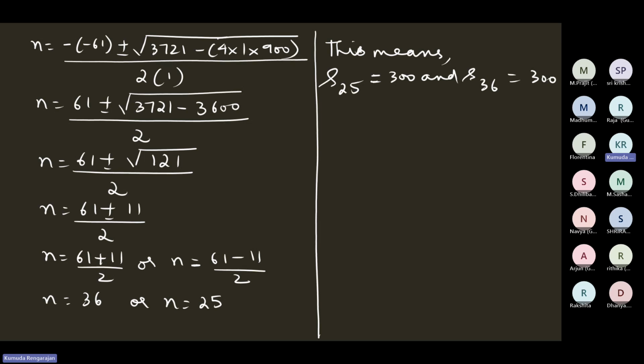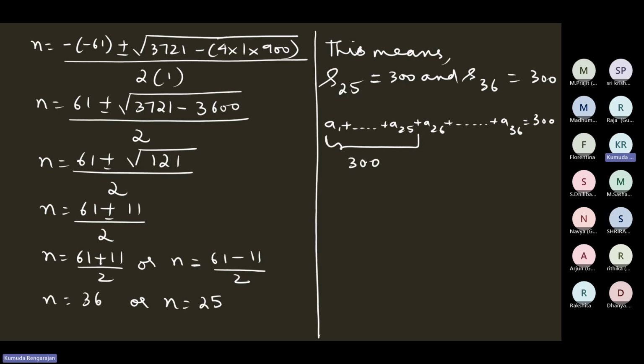S36 is also 300. So that means A1 plus, so like this, you get A25 and then A26 plus A36 is equal to 300. This is also 300. From here to here is 300.